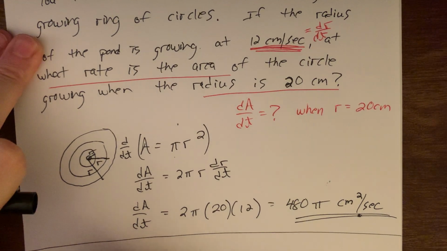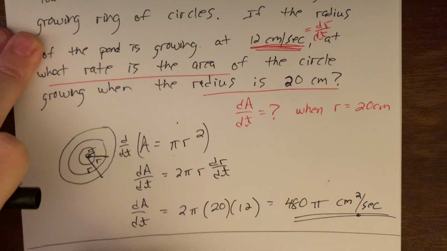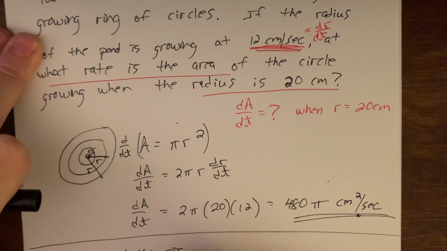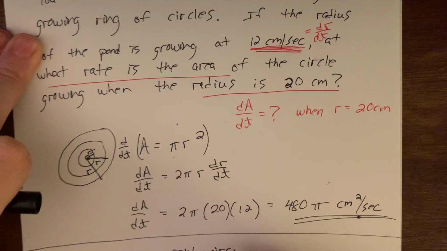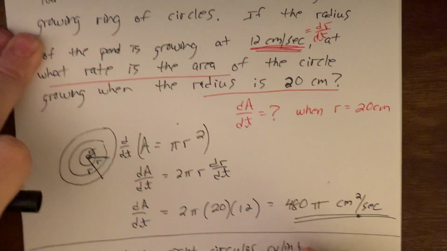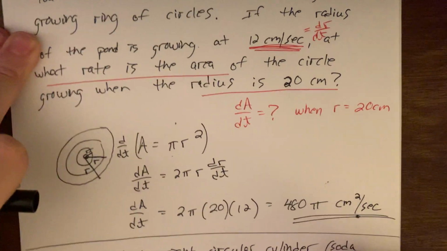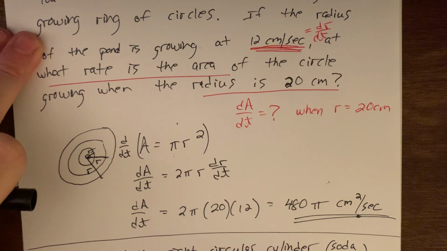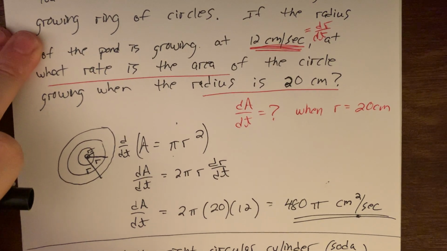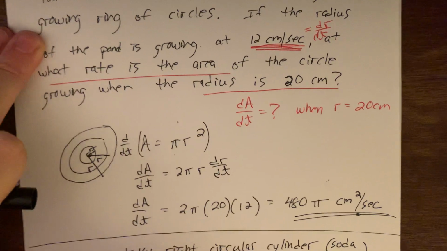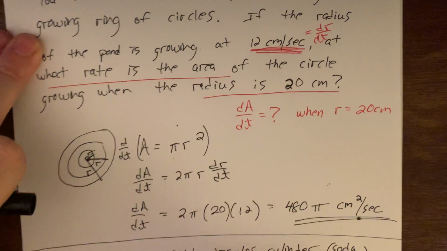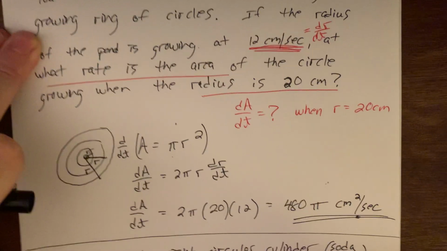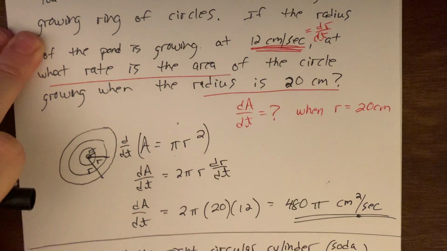So our new problem. We have a leaky right circular cylinder, aka a soda can. We have a leaky right circular cylinder that is leaking at a rate of 4 cubic inches per minute.